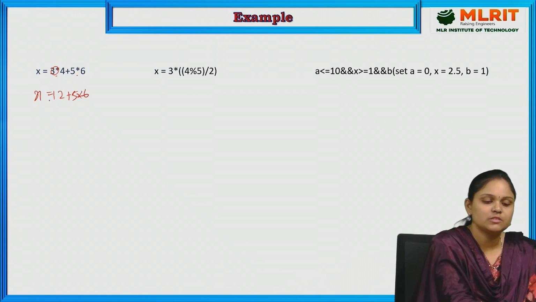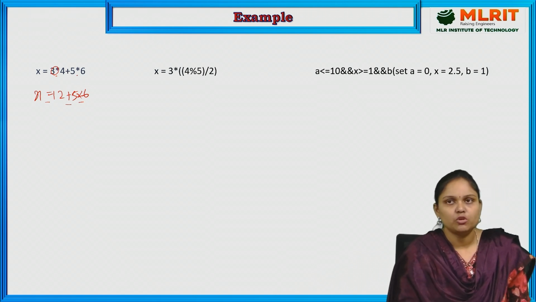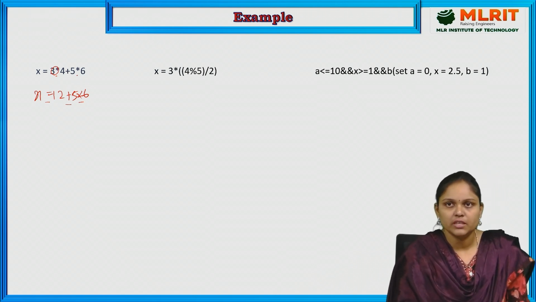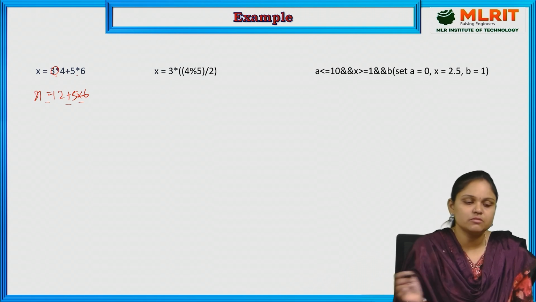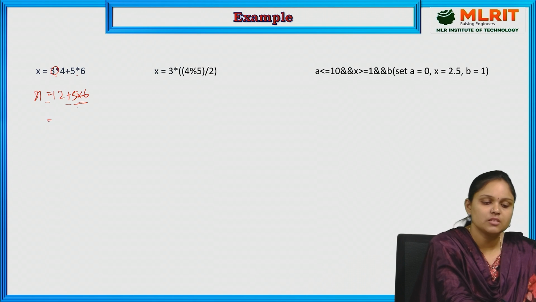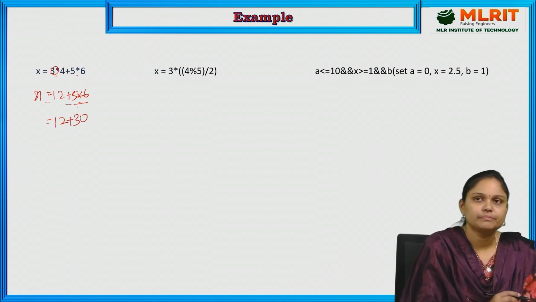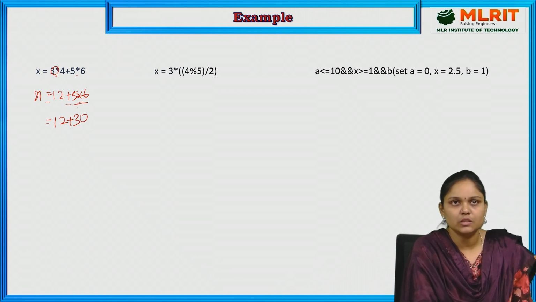And again in this expression we have equals to, plus, and multiplication operator. So again 3 operators we have, and the highest priority is multiplication, so this will be solved first. So x is equals to 12 plus 5 into 6 is 30. And now we have 2 operators, equals to and plus.